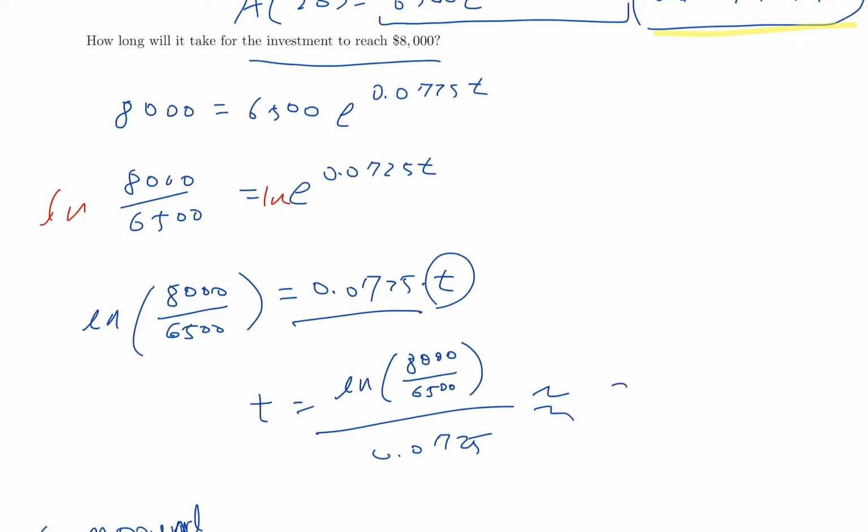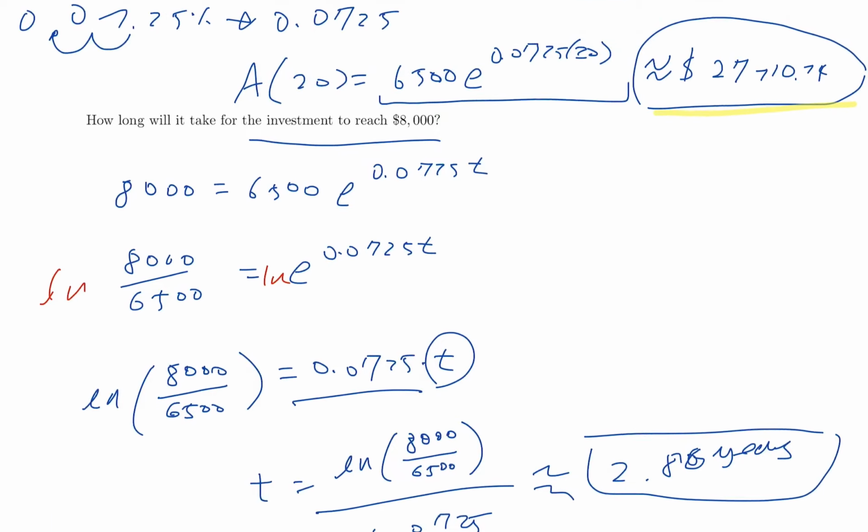This is about 2.86 years. Let me double check. Yeah. So in 2.86 years, the balance would be 8,000.